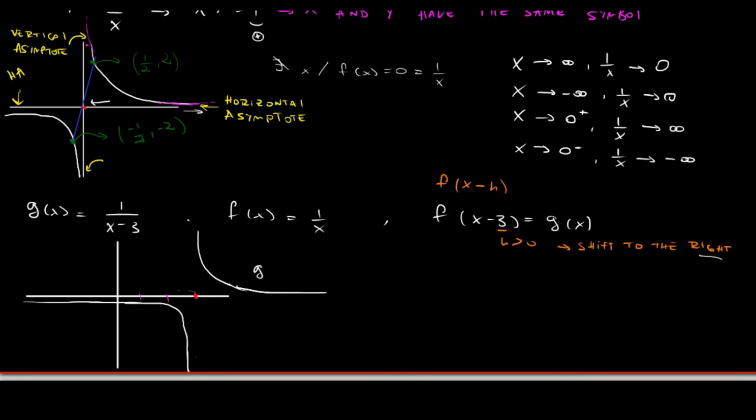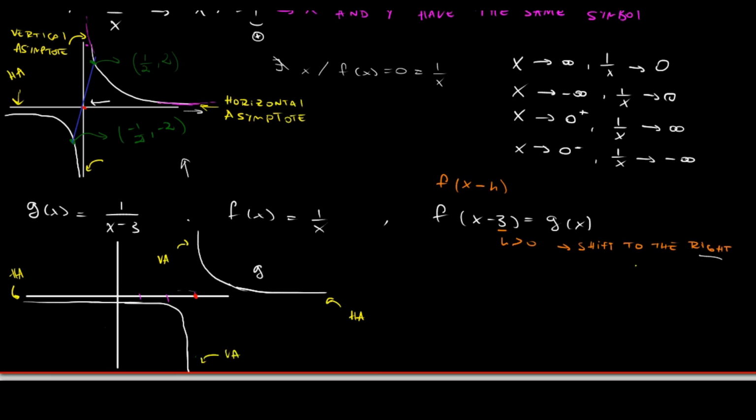And this function has the same properties the original one, f, had. So again we have two horizontal asymptotes in 0, and we have two vertical asymptotes.